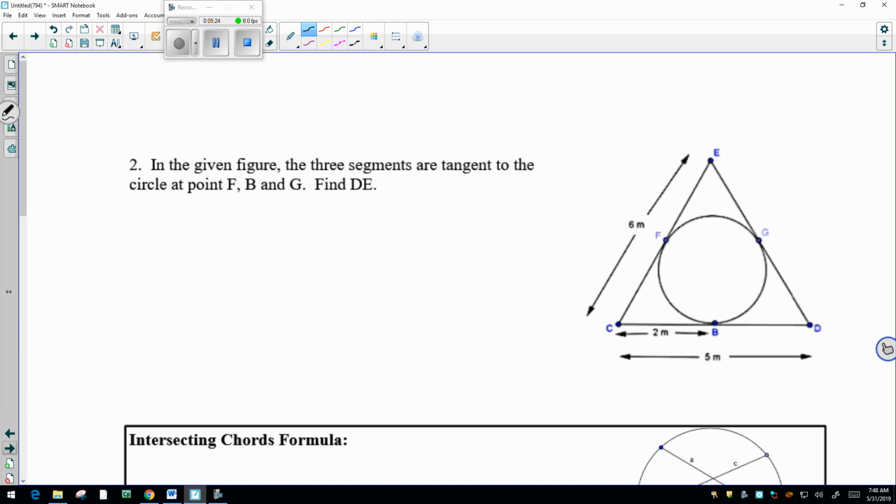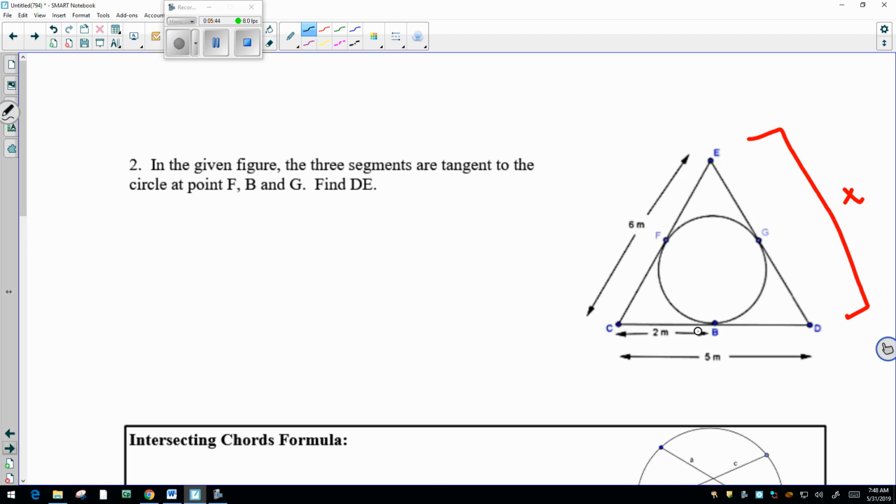Okay, so using that concept, knowing that if I have common tangents, they are congruent, we're going to use this picture, use some of the labels, and we're going to find the length of DE. So in the end, I want to figure out how big this entire segment is. Okay, starting with this picture, I'm going to start with CV.